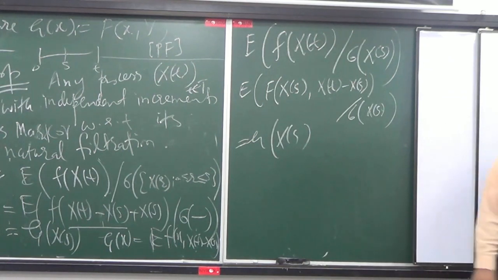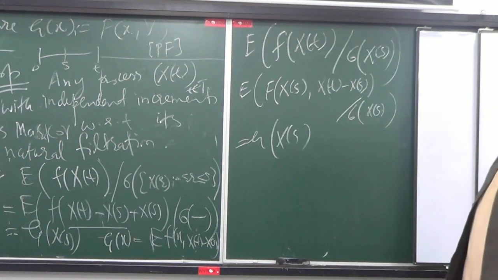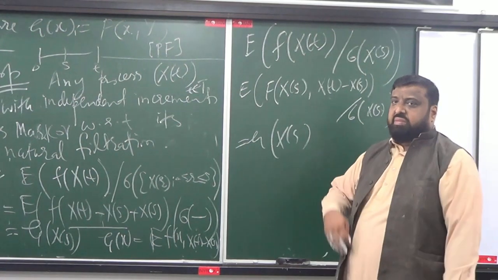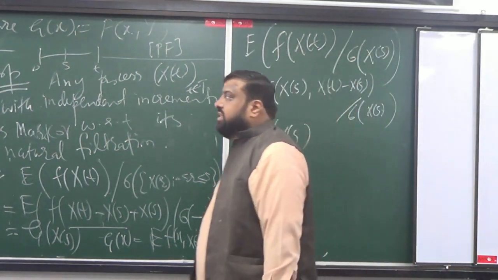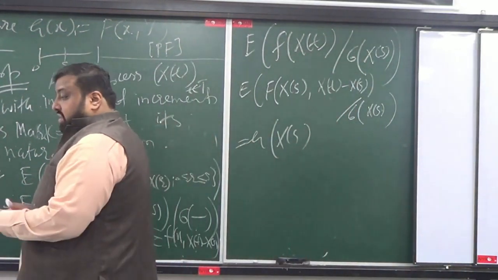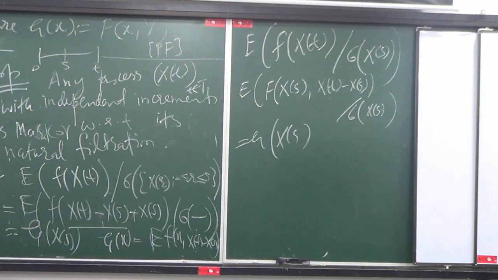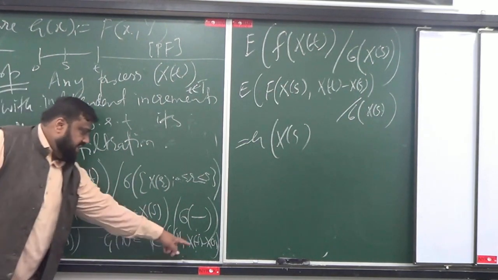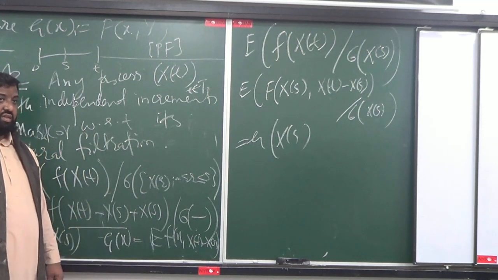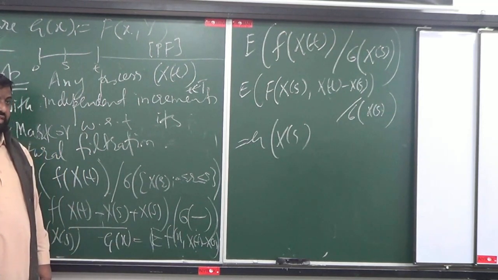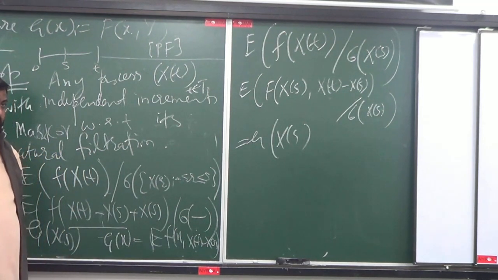It shows that any process with independent increments should be memoryless. So it's the case with Brownian motion. Here x of t minus x of s is fixed.